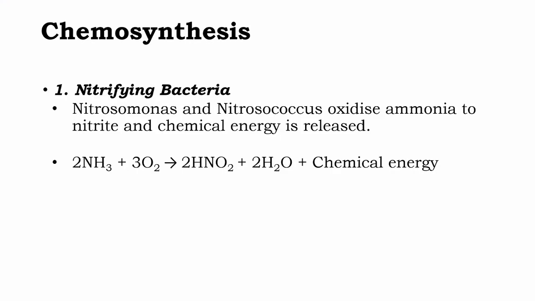One, the nitrifying bacteria, Nitrosomonas and Nitrococcus, these two oxidize ammonia to nitrate and chemical energy is released. See, 2 NH3 molecules are oxidized by 3 oxygen to 2 HNO2, nitrite, and water, and the chemical energy is released. This particular energy is used for food production.